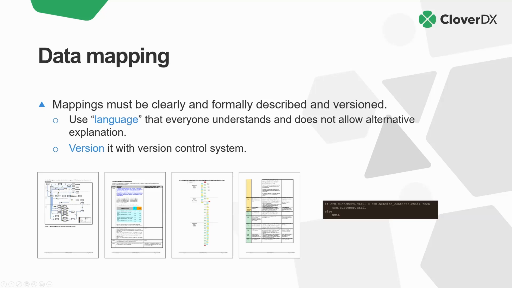It can be visual diagrams or some formalized pseudocode or things like that. Really, it's up to you as a team to decide what the language will be. Just make sure that everyone understands, and it's as formal as possible for everyone to capture the idea of what the mapping should look like.